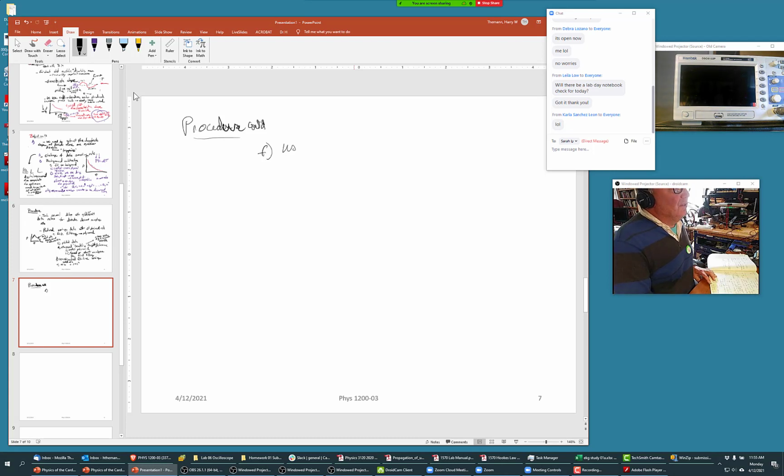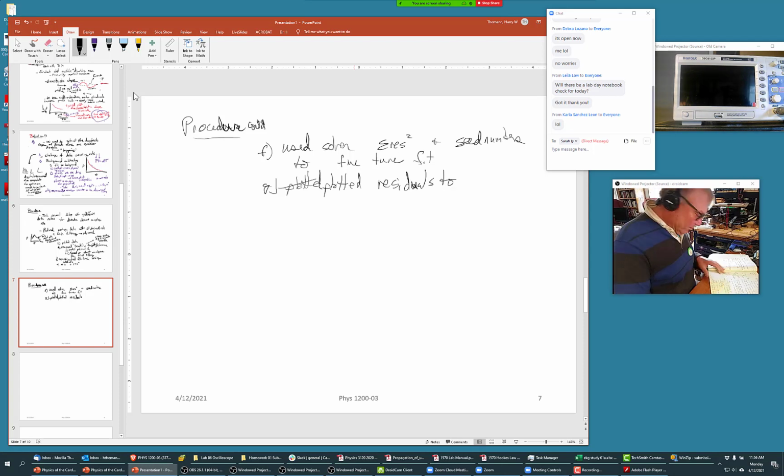Then we used solver with sum of the residuals squared and the fit parameters, the seed numbers, to fine tune the fit, and G, plotted residuals to decide on triggers.